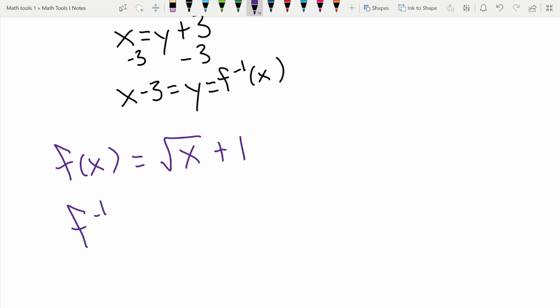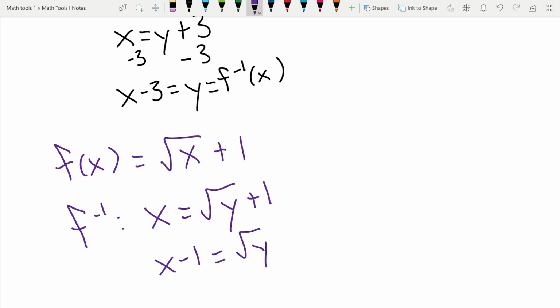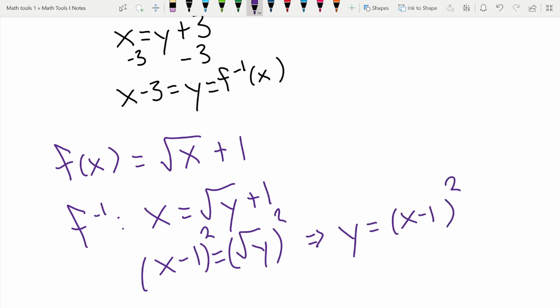So for f inverse, we flip the x and the y. Okay, and then we solve for y. So we get x minus 1 equals the square root of y, and then we square both sides. And we get y equals x minus 1 squared. We could just leave it like that. So this is f inverse of x.